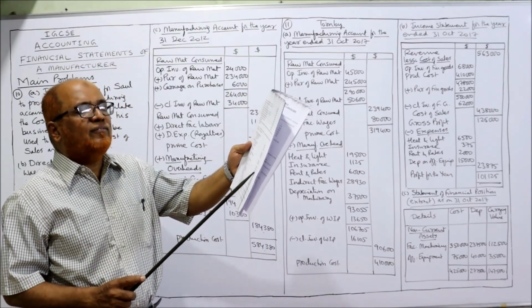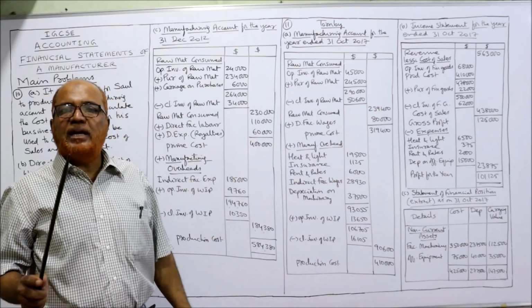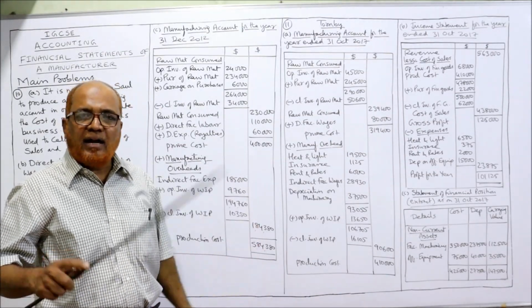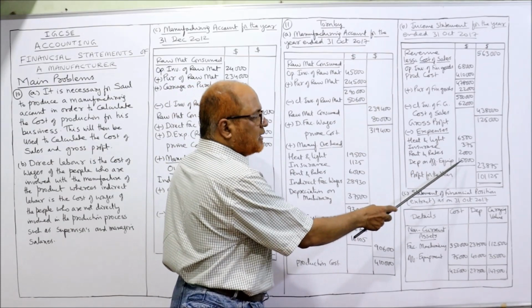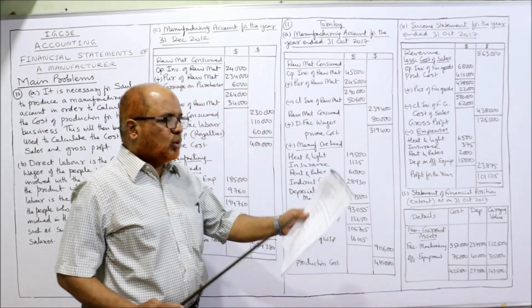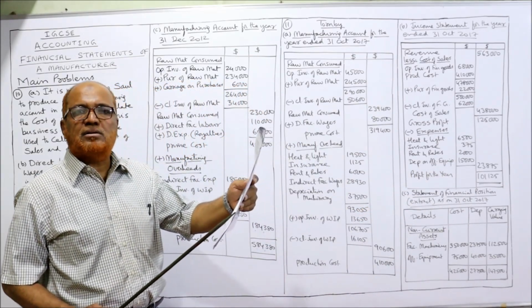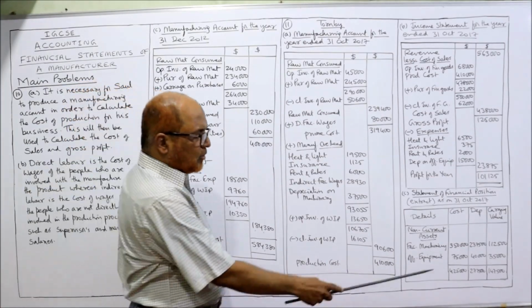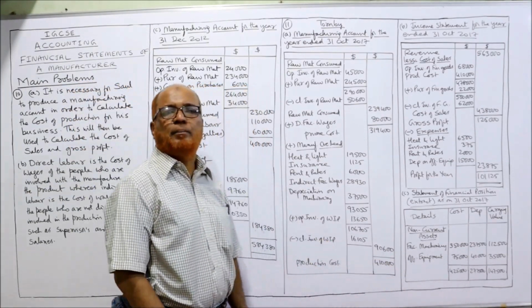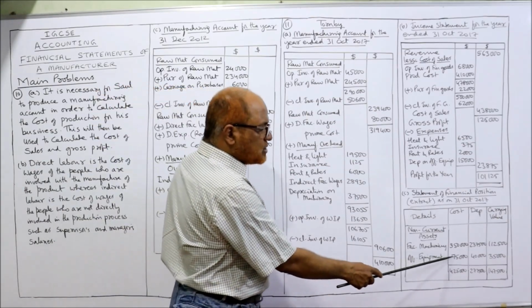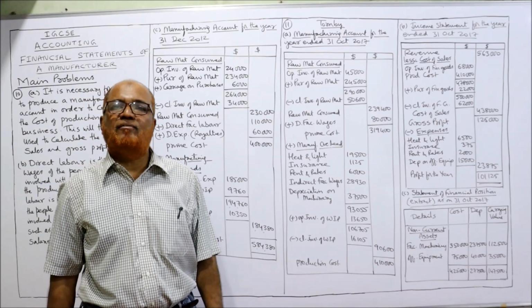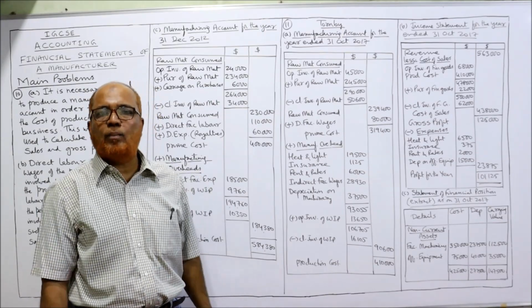It is given 25,000. And during the year, how much depreciation provided? 15,000. So 25,000 plus 15,000, 40,000. So 40,000 is the accumulated depreciation. 75,000 minus 40,000, 35,000 is the carrying value of office equipment.